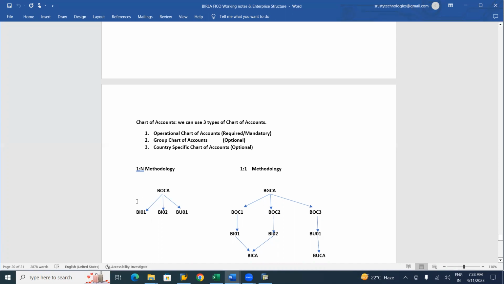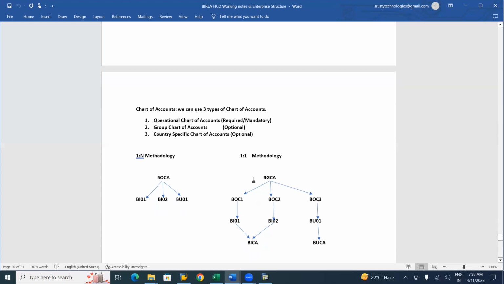Clear? So again, whenever you are working on intercompany transactions, if the organization has intercompany transactions, it means the company is following one chart of accounts, the 1:n methodology. If there is no intercompany transaction, then they are following 1:1 methodology. Clear? Any questions still here?